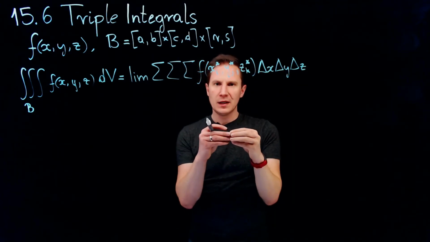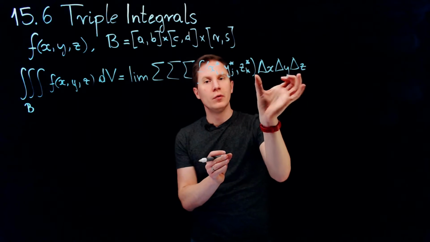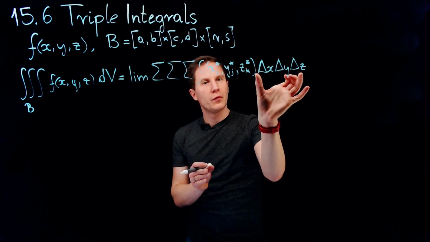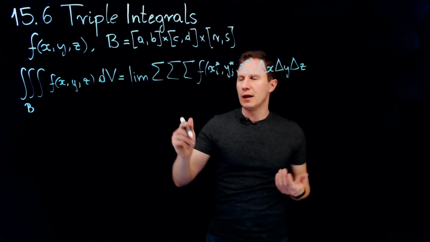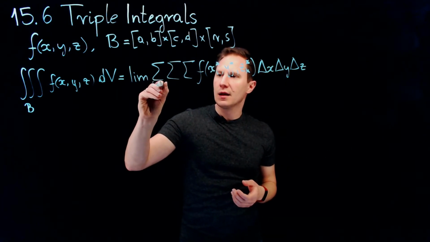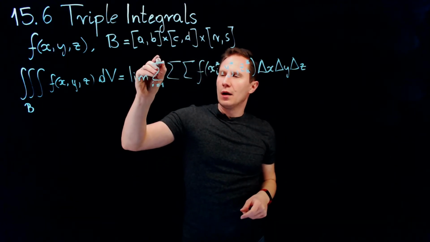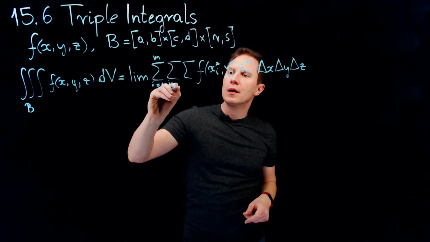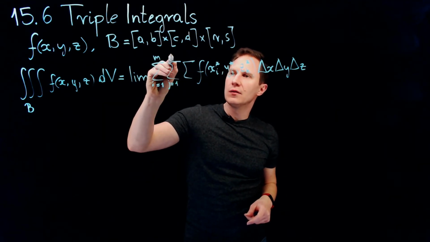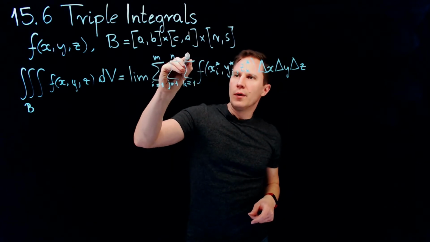So the length of each rectangular box would give you a volume of this size, and each of them is multiplied by the value of the function. And let's say we subdivide the interval AB into m parts, the interval CD into n parts, and the interval RS into L parts.